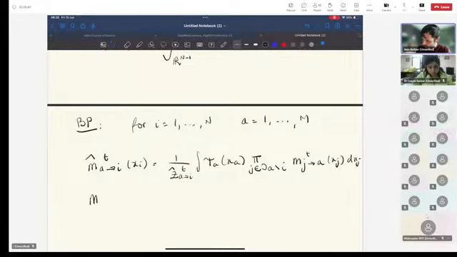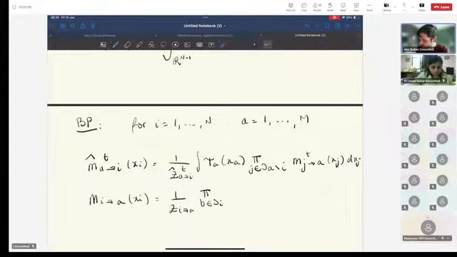And then the node-to-factor message, which also depends on i and which is a well-normalized probability distribution, is just the product over all the factors b that are connected to i, in the neighborhood of i, but factor a.